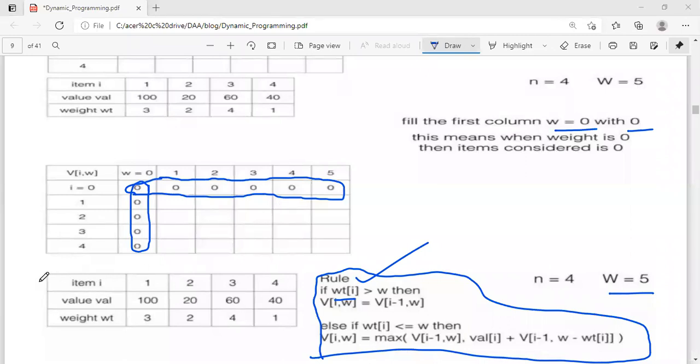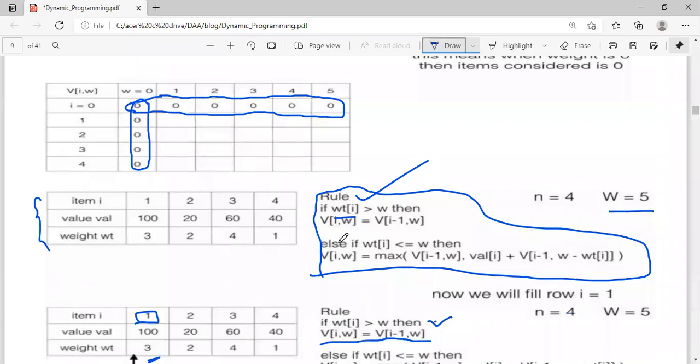This is the question we have. There are two rules. If wt of i is greater than w, then V of i comma w equals V of i minus 1 comma w.